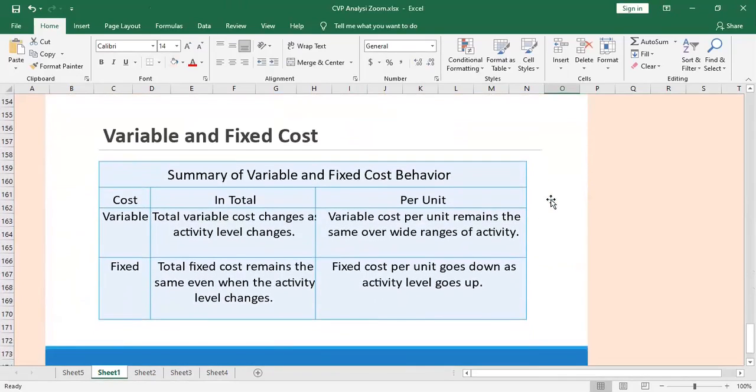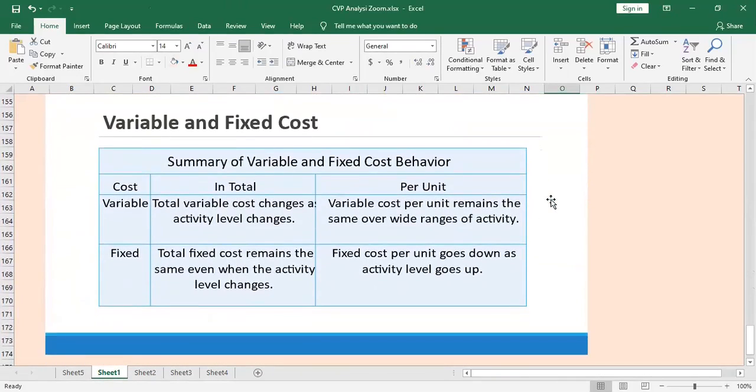So the summary of the variable and fixed cost behavior. We have two types of cost: variable cost and fixed cost. In total, the total variable costs change as the level of activity changes, but per unit variable cost remains unchanged, remains the same over the wide range of activity.